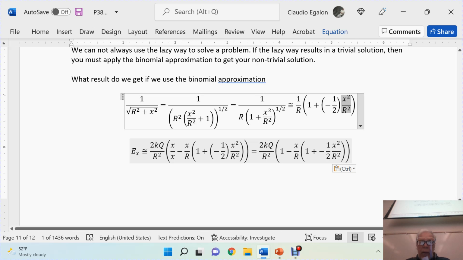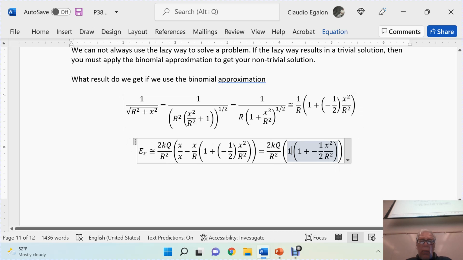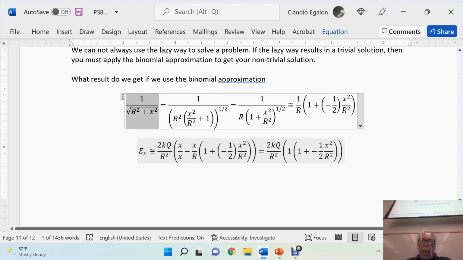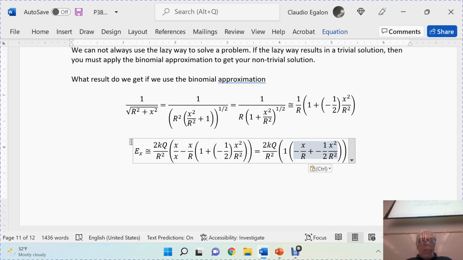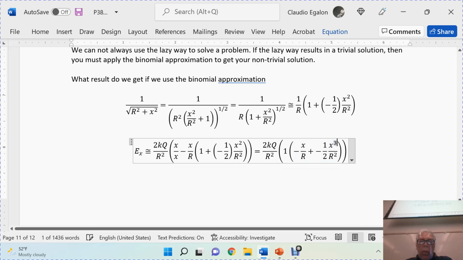Our second order approximation on this ratio here ends up being dependent on, here you go. This negative becomes negative, and this one here becomes positive. Cube and cube.